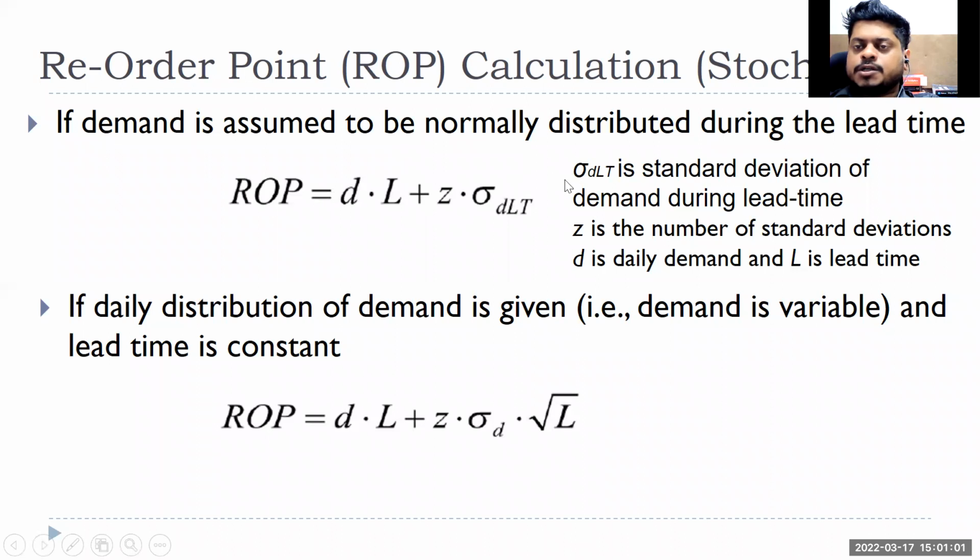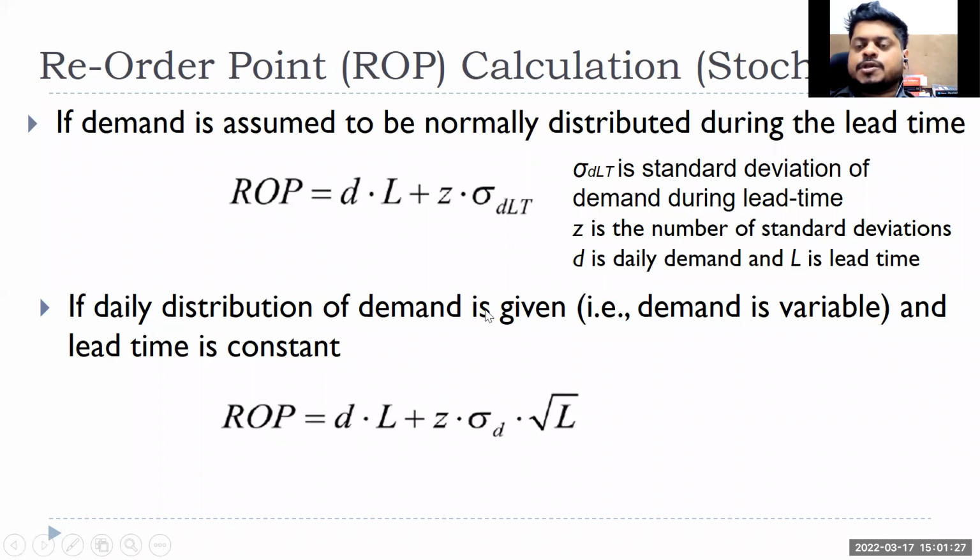Normally distributed doesn't mean it will always be more; it can be less also. Some week there will be a decrease in demand, but still we maintain that additional inventory because our main focus is to keep the customer service level high. We might incur some additional inventory cost, that's why the minus symbol is not there. So the wording is a little different in the second case.